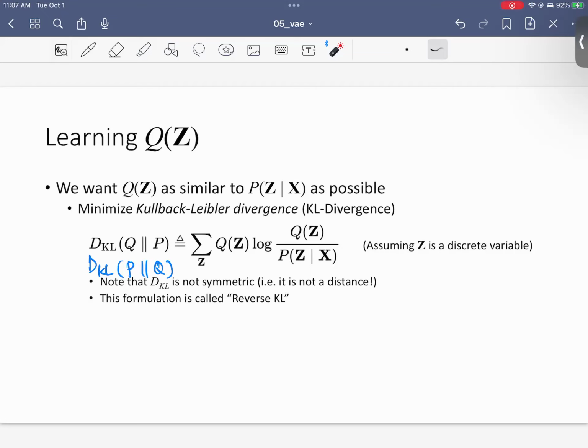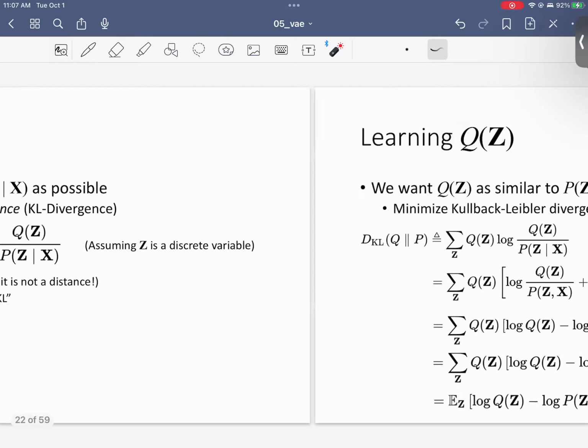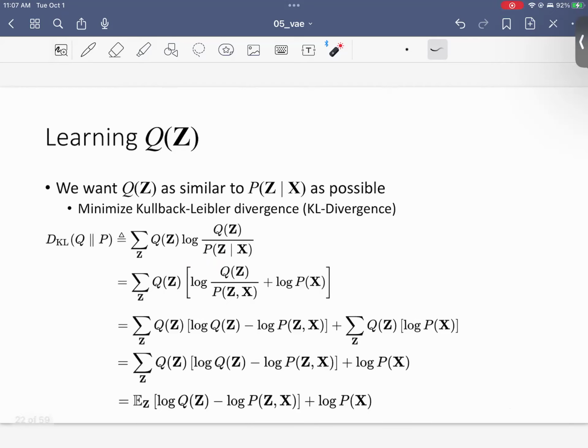Throughout the material, we're going to assume that Z is a discrete variable. So instead of using integration, we're going to use summation over here. We expand terms and move the terms around, but it's not very hard. You can just follow one step at a time. This is our definition of the KL divergence.